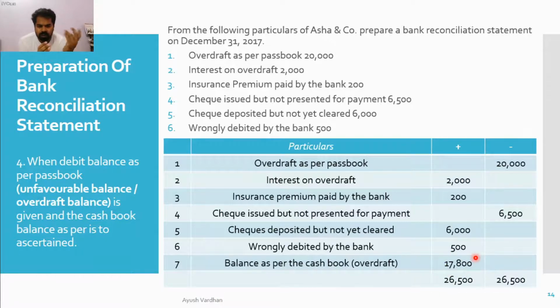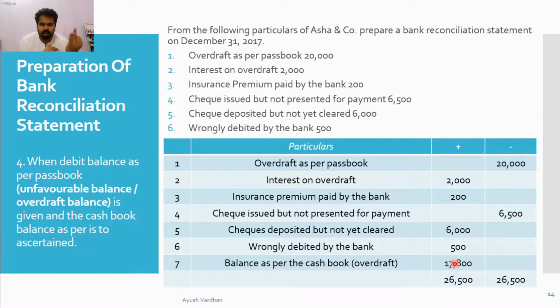So now we see our cash book. If in the cash book we have 17,800 rupees overdraft, and we started with a passbook overdraft of 20,000 rupees, in that condition we will say that reconciliation is done. If all these match, we will say reconciliation is done.